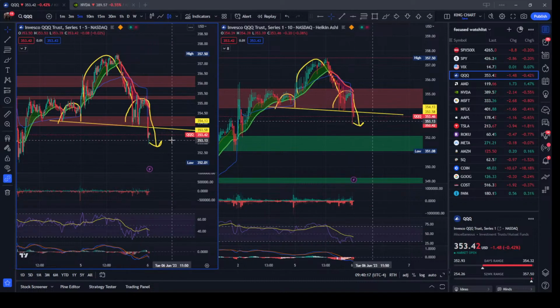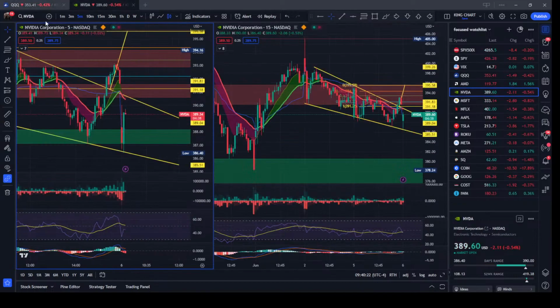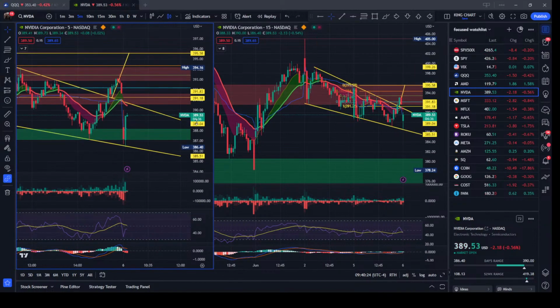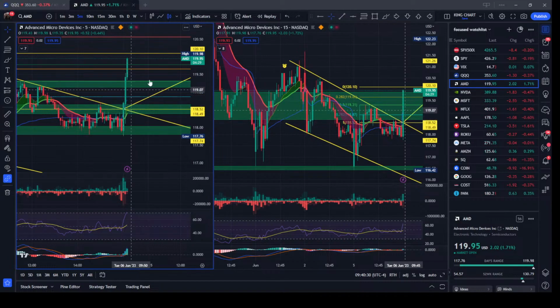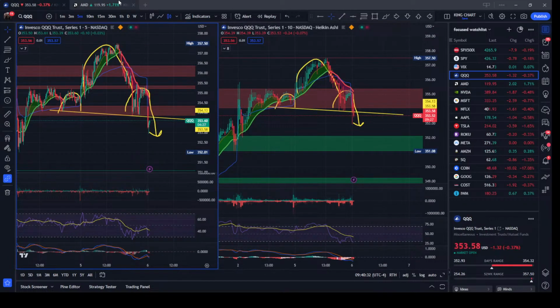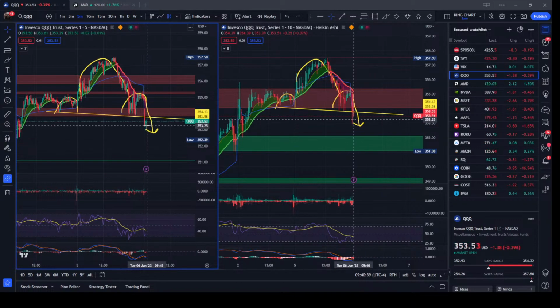So let's see if we actually break down more or if the market decides to pull back to the upside. Nvidia catching up with AMD. AMD just mooning, guys. Jesus. Yeah, it looks like chips are the strongest guys of the day. And I think if chips keep going like this, there's no way that the Qs keeps dumping.